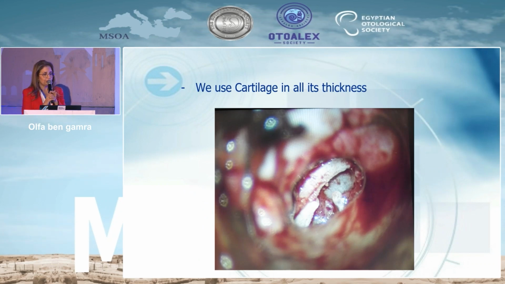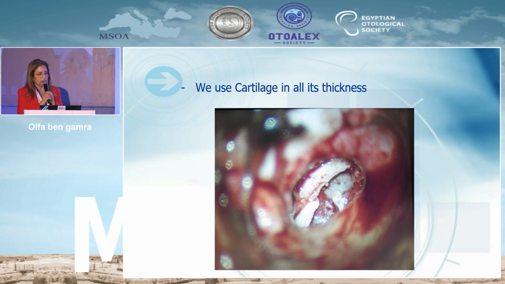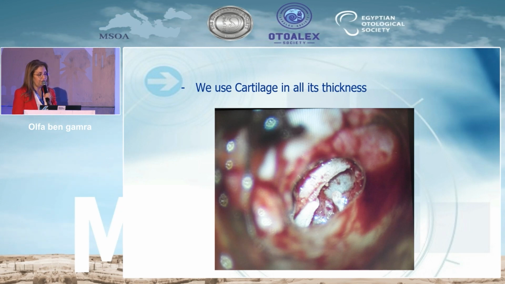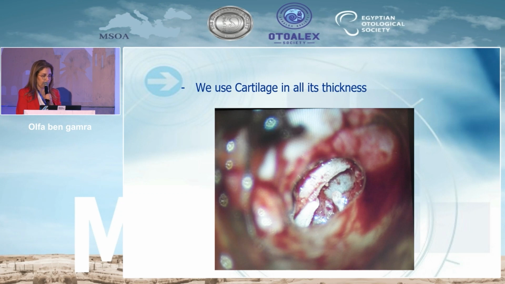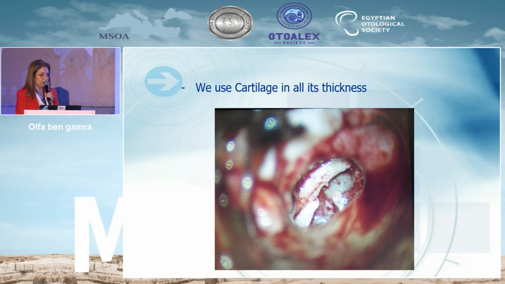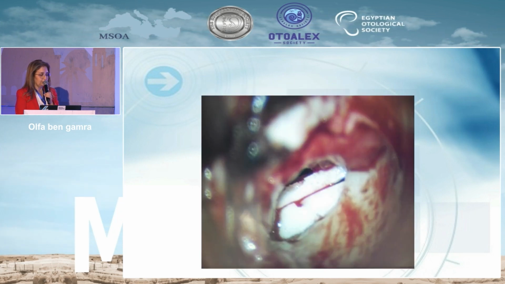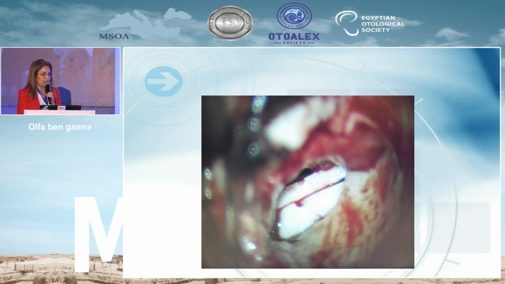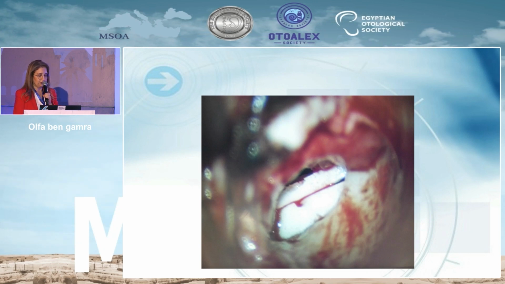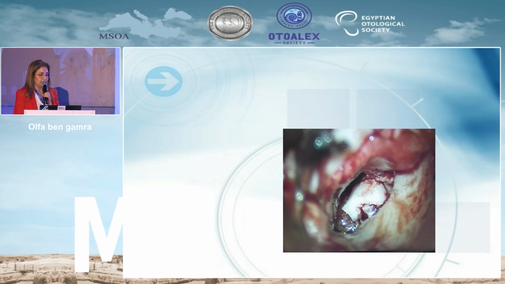Here we use the cartilage graft in its whole thickness to reconstruct first the anterior part of the tympanic membrane. We can see here the stapes, and here the malleus, the handle of the malleus. And we complete by placing the second part of the cartilage on the head of the stapes.